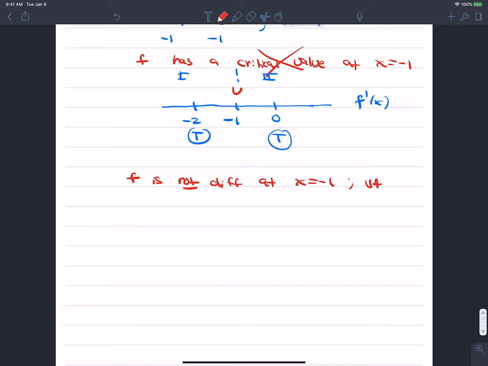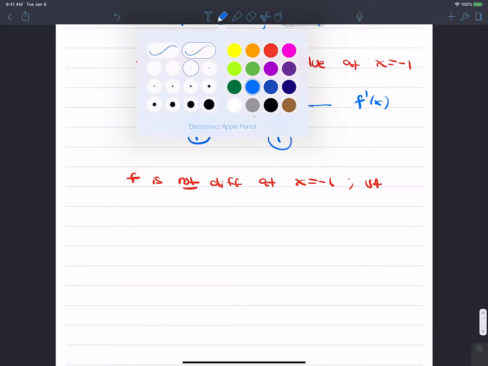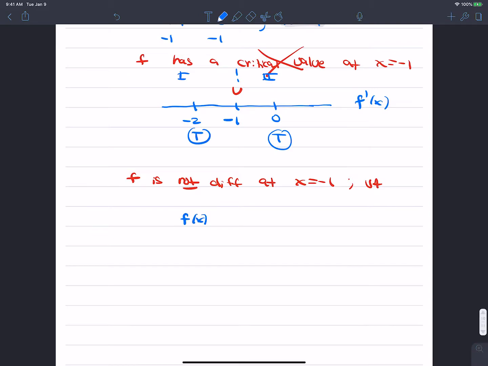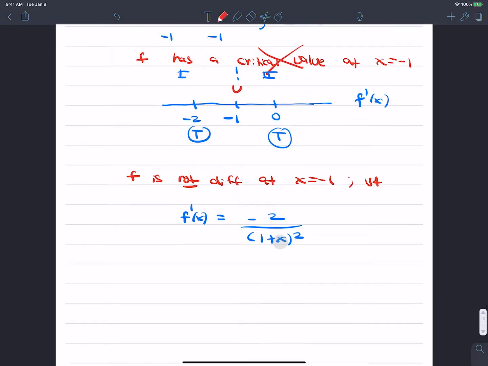So now go back to the derivative here. If we remember what the derivative function here is, our derivative is -2 over 1 plus x what? Squared. Is that right? So what do you guys know about this here? If I test the value -2 now, right? I'm going to plug in -2 for x. What does that give you?